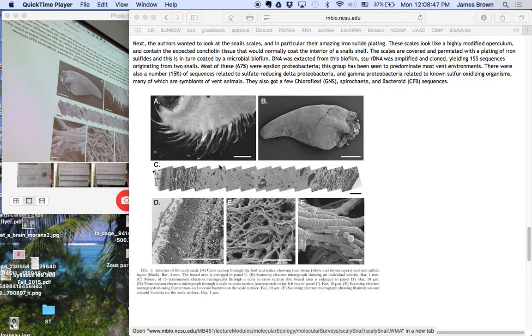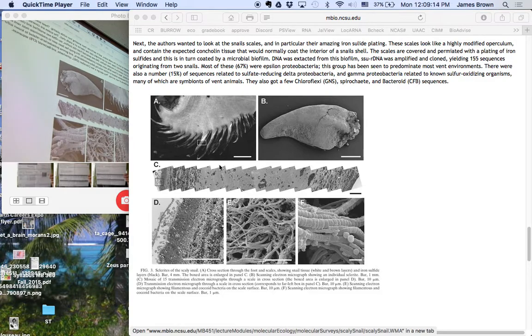And when they look at the surface of that, so if you take this and zoom in, here's the surface of the scale. This is all iron sulfide. But look at all this stuff on the surface. This is what it looks like when you look a little closer. This is a biofilm. So these scales have a very specific heavy coating of biofilm.